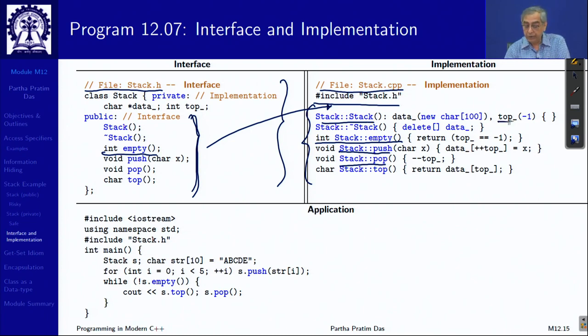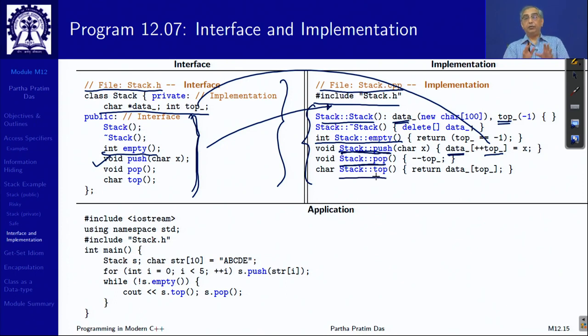Note that I do not need to do that inside the body, because as I say stack::push, the compiler knows that this is the push function of the stack class. So, within push, when I write top, it knows it is the top member of the class stack. But I need to identify the function that I am writing the code for.